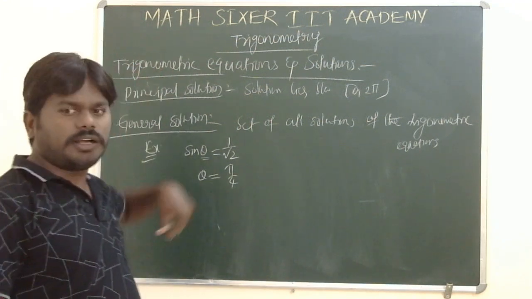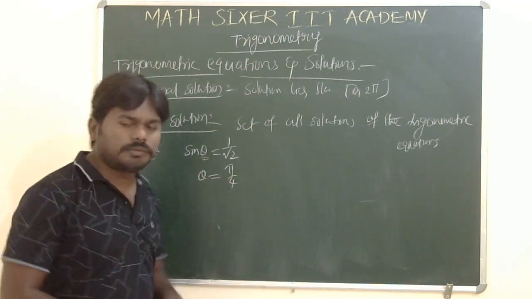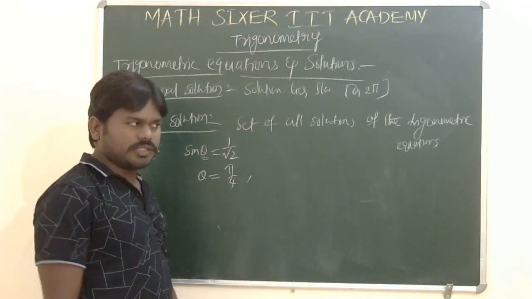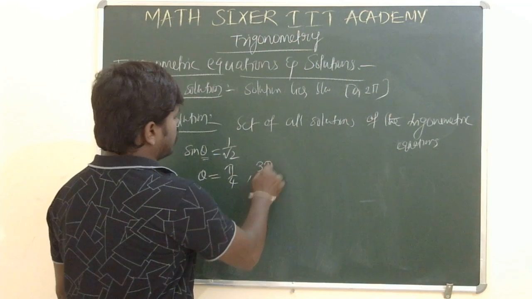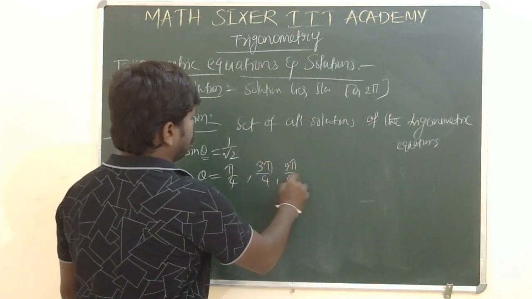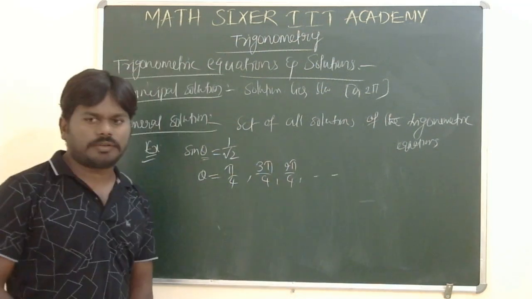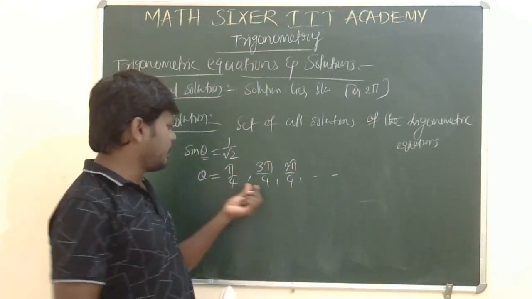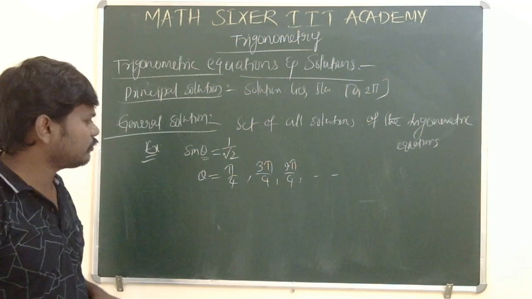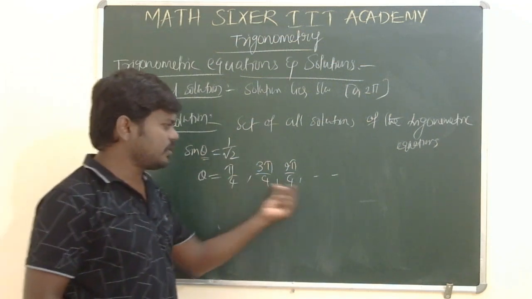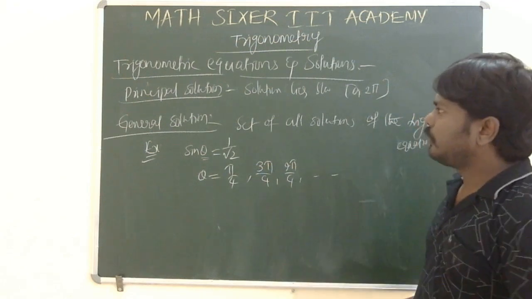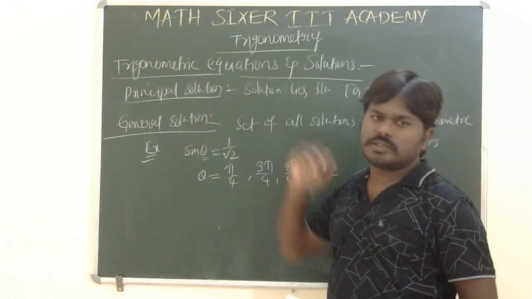But if you write all the solutions, this is called the general solution. So what are the remaining possibilities? Here 3 pi by 4 is possible, and next 9 pi by 4. So like this we can find. We will see how the remaining angles arise, the derivation of this, we will see. Okay. So that's all about the principal solution and general solution.